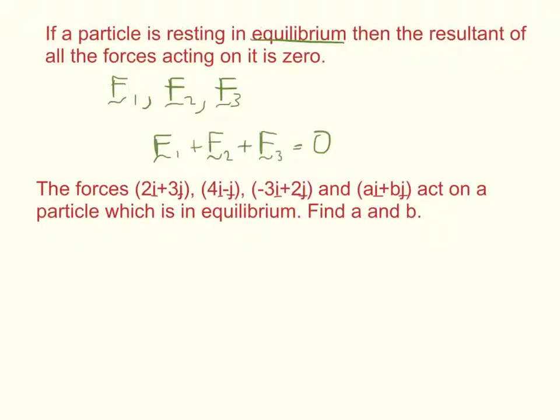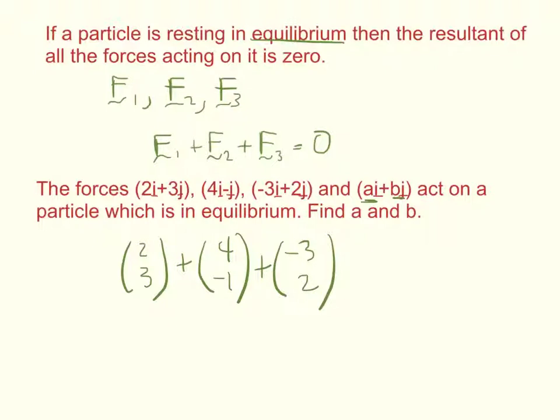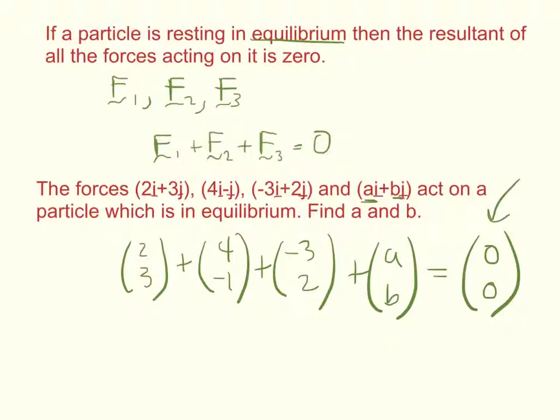Okay, so we've got four forces acting on a particle which is in equilibrium, and we want to find these unknowns A and B. So basically we know that (2, 3) plus (4, -1) plus (-3, 2) plus (A, B) equals (0, 0). So this is what the zero vector is.